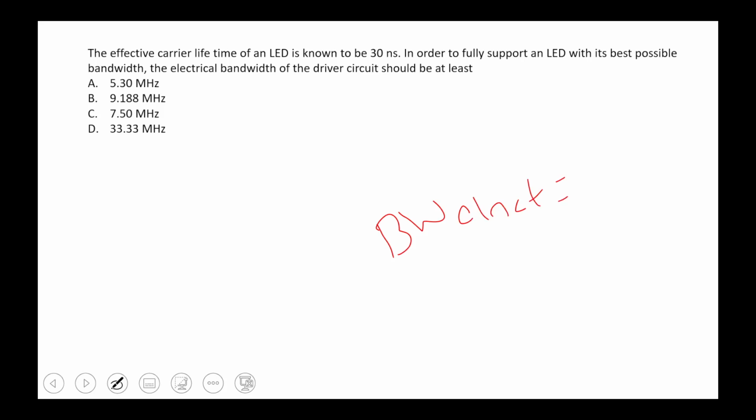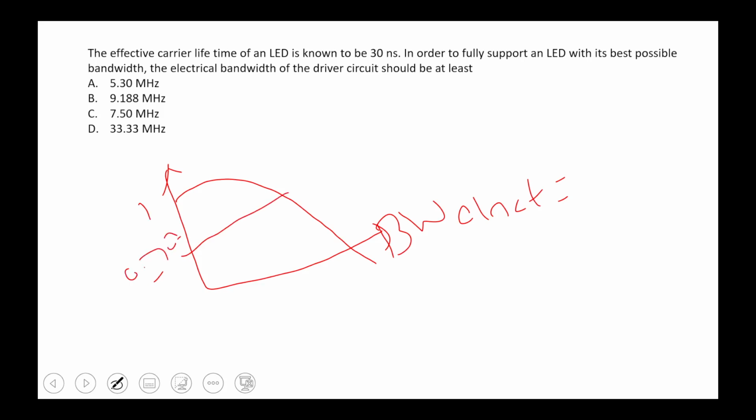In optical fiber there are two bandwidths, one is electrical bandwidth, one is optical bandwidth. So if we have this x and y, this is our bandwidth formula. The graph has a maximum of 1, at root 2 it is 0.707, and we calculate on the basis of 3 dB of the optical bandwidth or 3 dB of the electrical bandwidth.